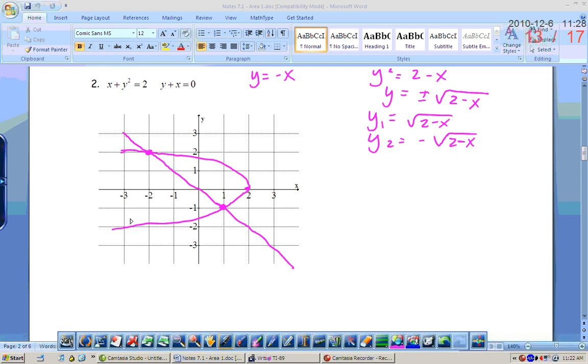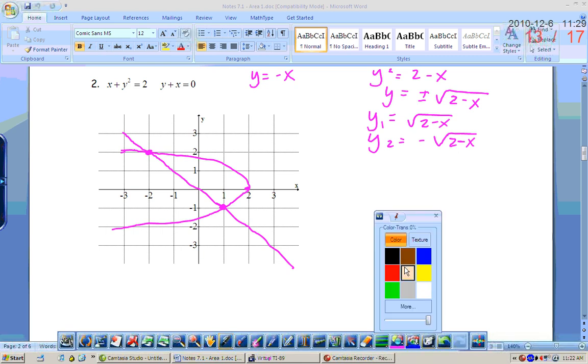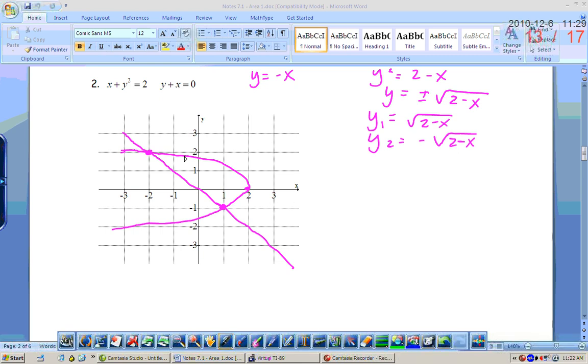All right, do I want to use a vertical rectangle or do I want to use a horizontal rectangle? Good, I want to use a horizontal rectangle. Just to play devil's advocate, if I do vertical rectangles, okay guys, settle down please. If I do vertical rectangles, then over here on the left side, I'm going to have the parabola minus the line, but then I'm going to have the parabola minus the parabola for that part right there.